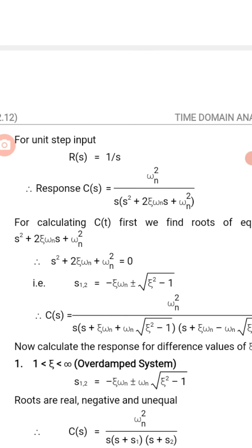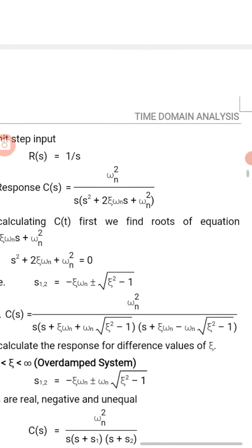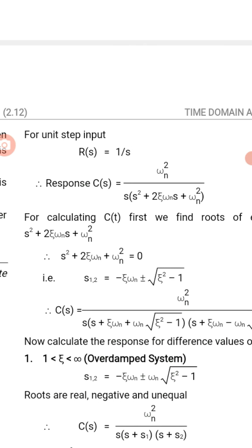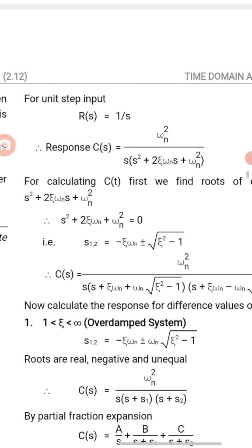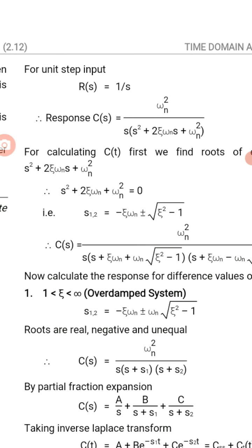For calculating c(t), we find the roots of the equation s square plus 2 zeta omega n s plus omega n square. So it has two roots, by applying the equation minus b plus or minus square root of b square minus 4ac upon 2a.